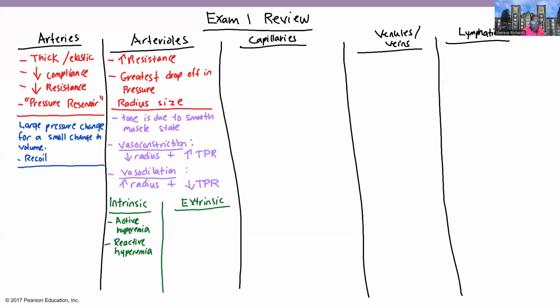So the reaction or the response is the exact same. The cause or the trigger is different for both of these, right? Reactive versus active. And then the third intrinsic regulatory response was the myogenic feedback, or what we call the stretch response.